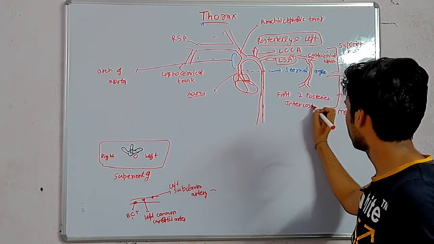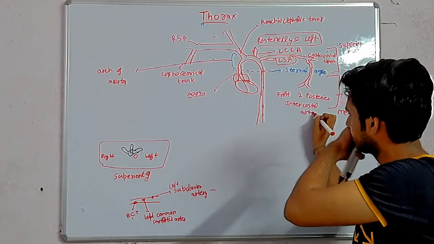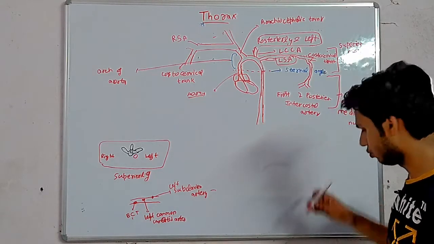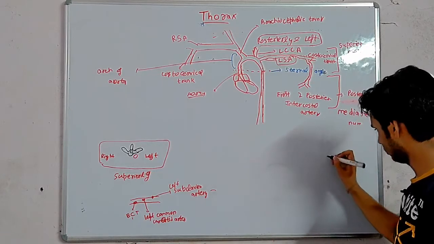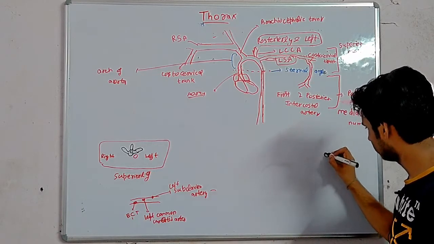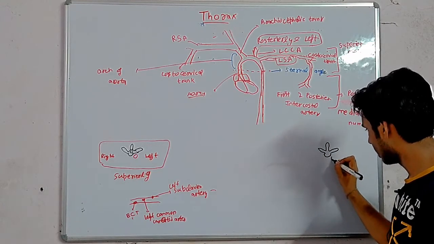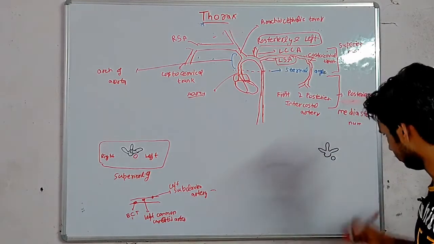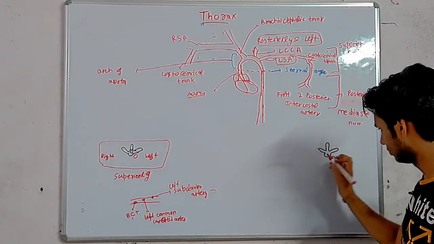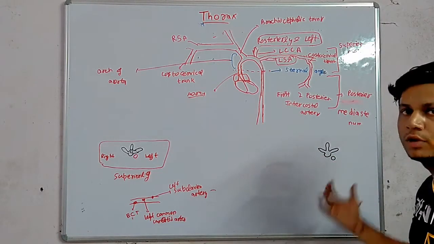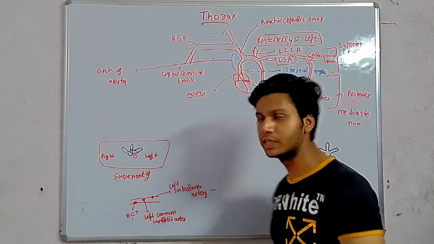Intercostal arteries. First, like this, from the posterior aspect, we know this is the vertebra, this is the aorta in the thorax, and we are removing the ribs. We are only studying the arterial arrangement.